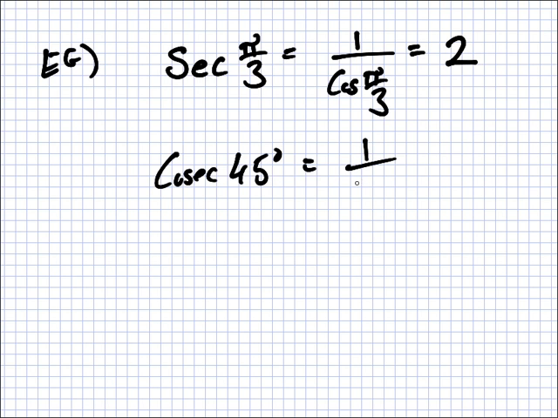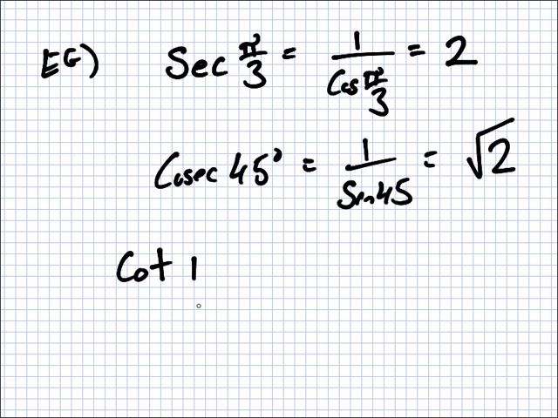That's 1 over sine 45, which equals root 2. Cotan pi over 4 equals 1 over tan pi over 4, which equals 1.